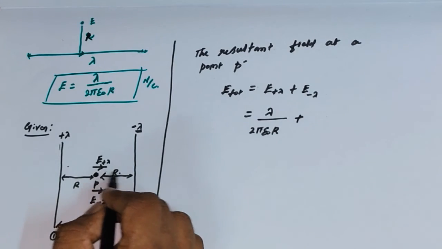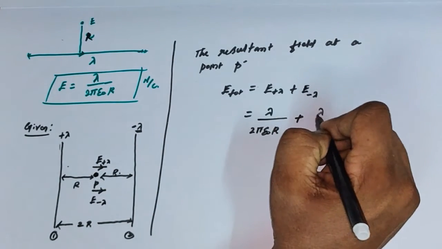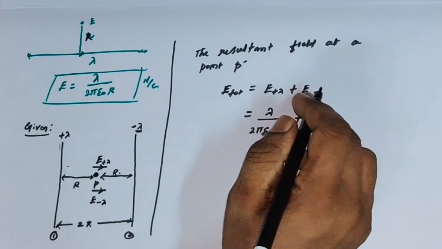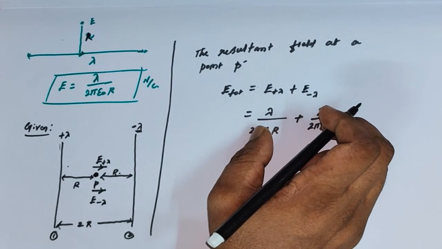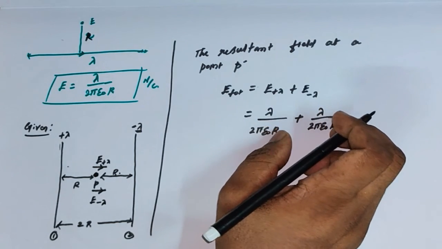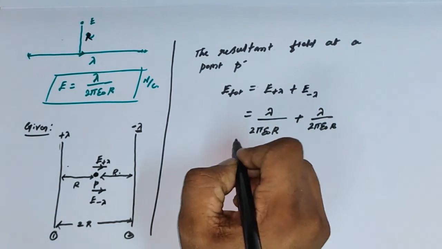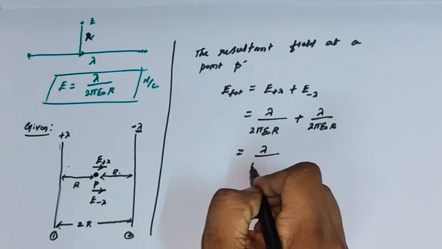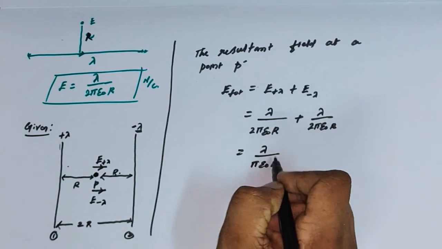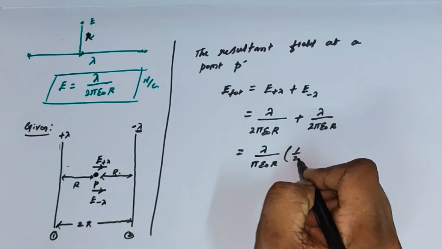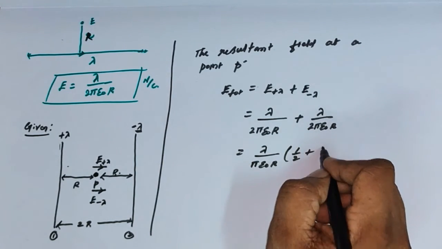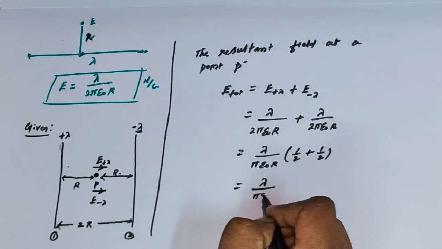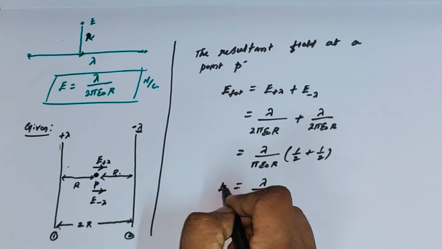Due to the second line it is also lambda by 2 pi epsilon naught r, taking the magnitude. So it is lambda by 2 pi epsilon naught r plus lambda by 2 pi epsilon naught r. Summing these two gives lambda by pi epsilon naught r.